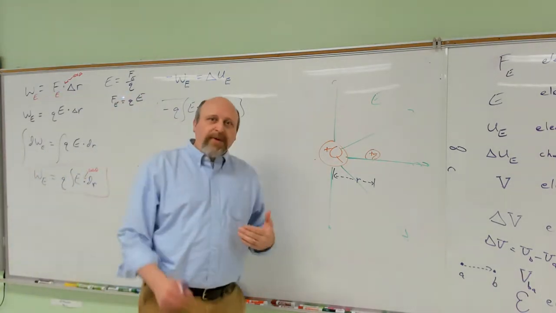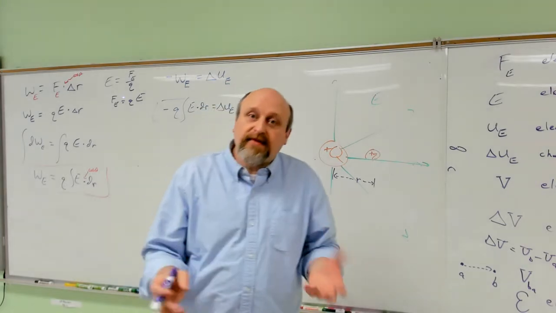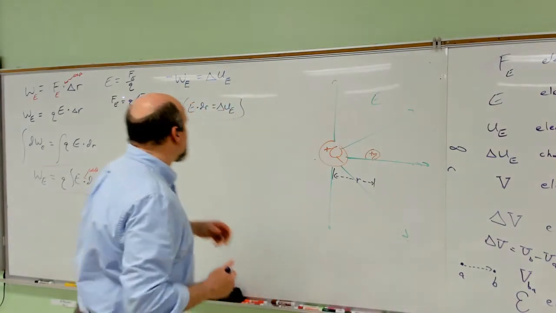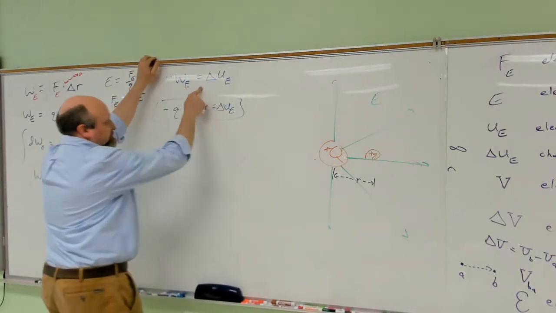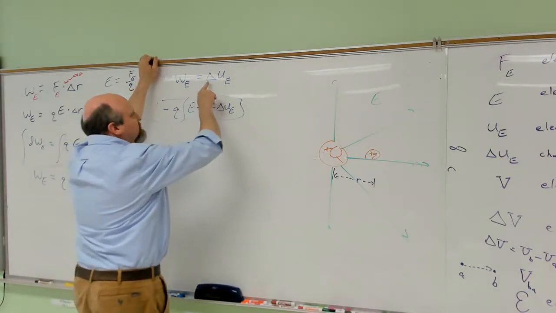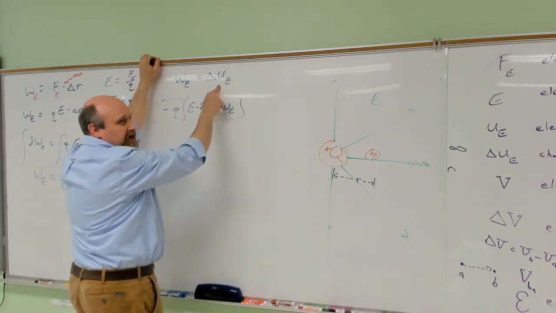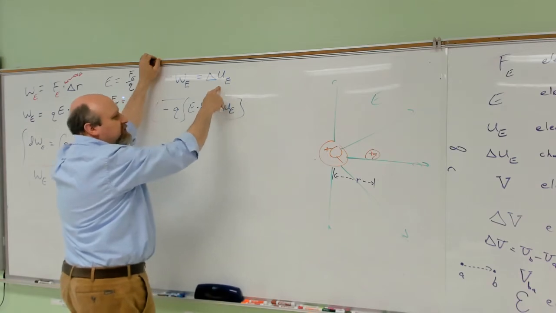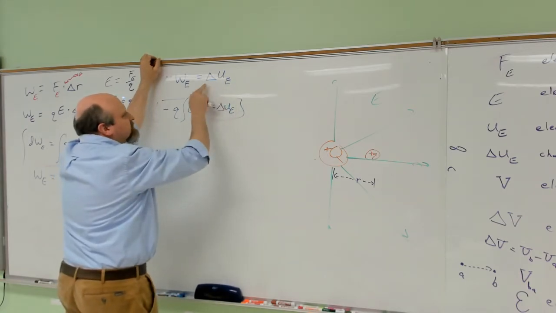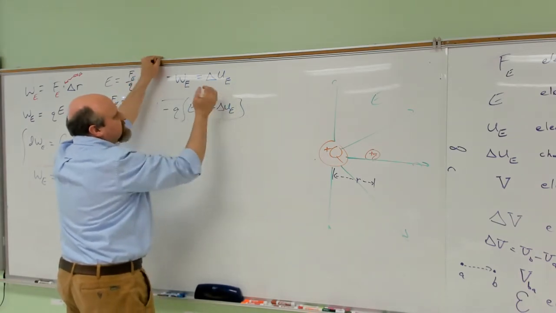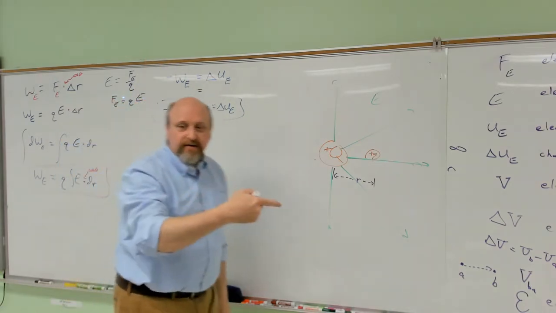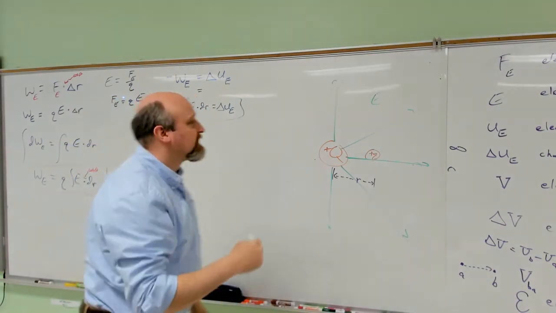I don't know if you remember, but we did come up with a general technique for finding potential energy functions. We said, go back to this. This is a calculation for a change in energy, right? But I really want energy at a position. So here's what I'm going to do. Deltas always mean to take the final minus the initial, right?